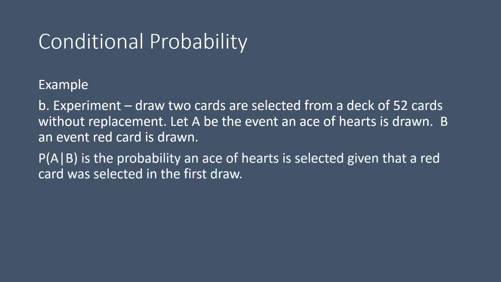P of A given B, that is how you read it. This is the probability an ace of hearts is selected given that a red card was drawn in the first draw. Again, an example of conditional probability.